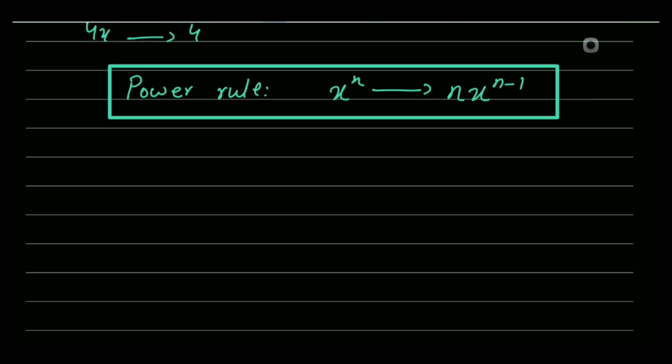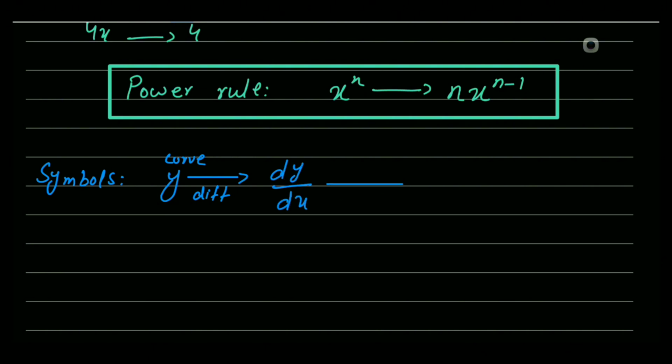Now we will discuss symbols. y is a curve. If we differentiate y, its derivative will be dy over dx.